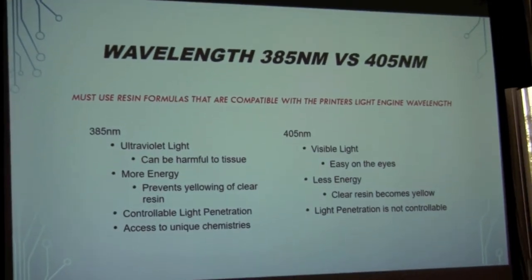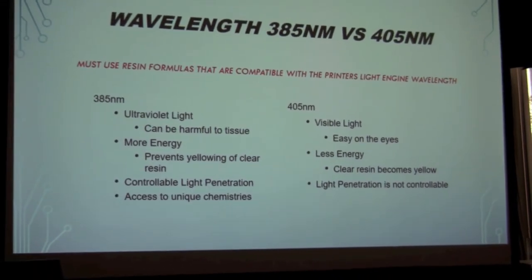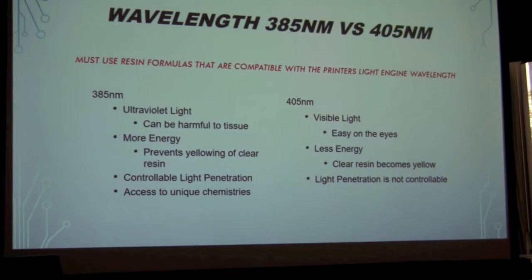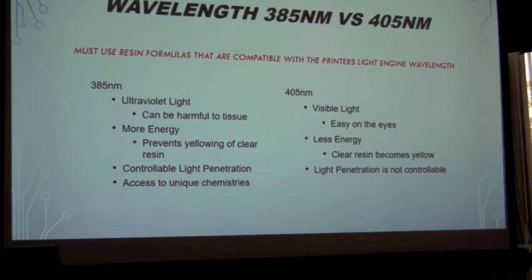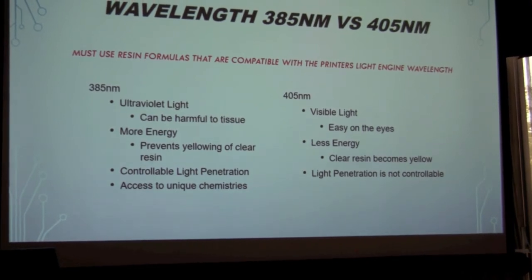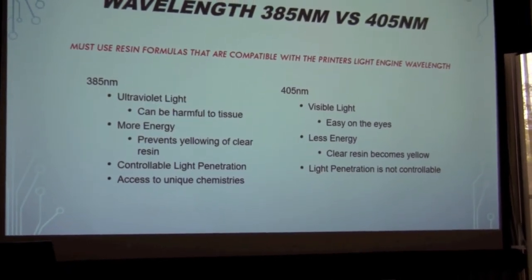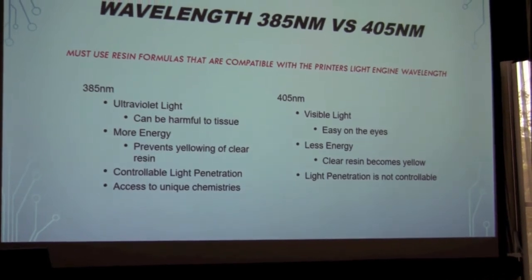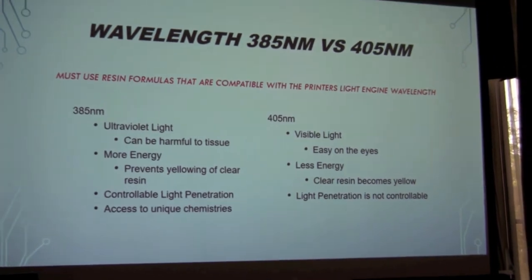So I put in red, must use resin formulas that are compatible with the printer. If you have a printer that is a 405 wavelength, you need to use resin that is developed for that 405 wavelength. So if you're purchasing open source and you want to use this other resin, make sure it's a 405 wavelength, or else you'll have a lot of issues with overexposure and cure through. And I can explain what that is as well.